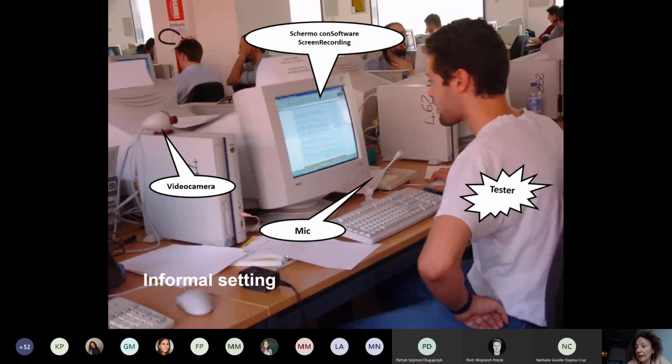He has a list of tasks here on the paper on his left. So through the microphone, he thinks aloud. He makes comments, manifests feelings, manifests difficulties, and through a screen recording tool we are able to log all interactions on all pages.